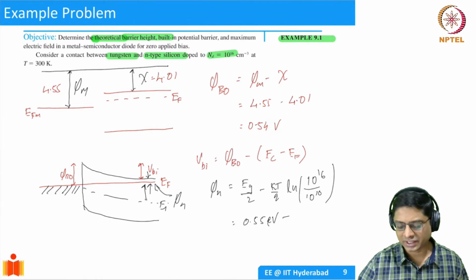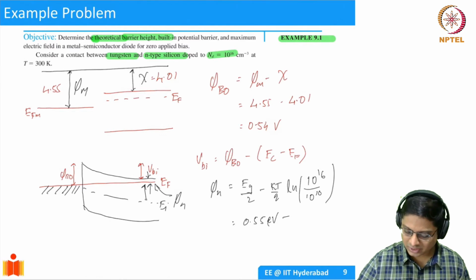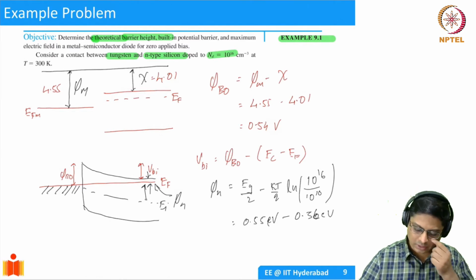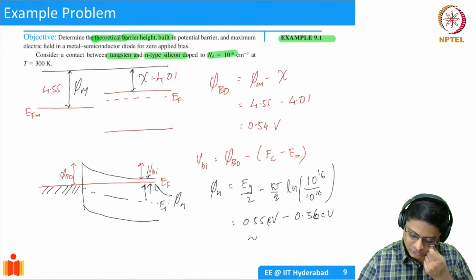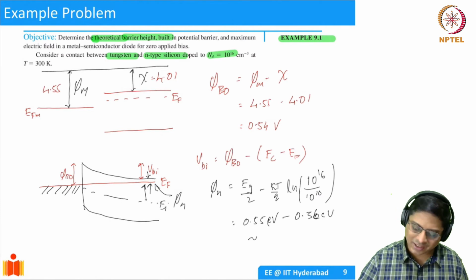Okay, 25 if I take it as 25 times 6, 150, and there is going to be, so 60 is not 25, 60, right? 60 times 6, 360, 0.36, right? 0.36 eV. Okay, so if you do this, this is going to turn out to be not exactly 60 millivolts, slightly less than that. So this might be something like 0.2 eV.